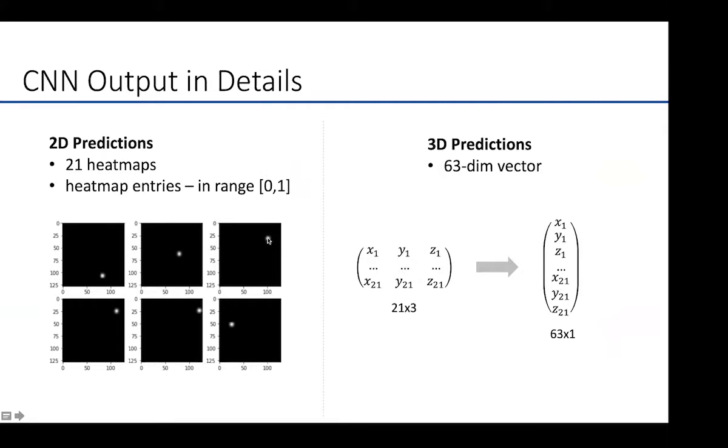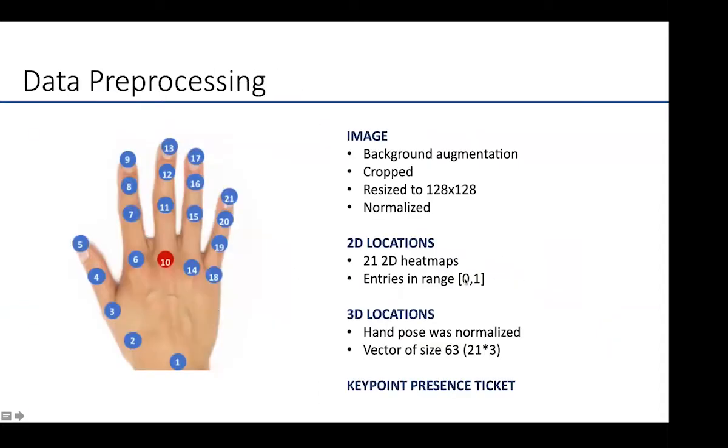As a result, there will be 1 and values like 0.9, 0.8, 0.5, and zeros in the other locations of the heat map. So entries are from 0 to 1.